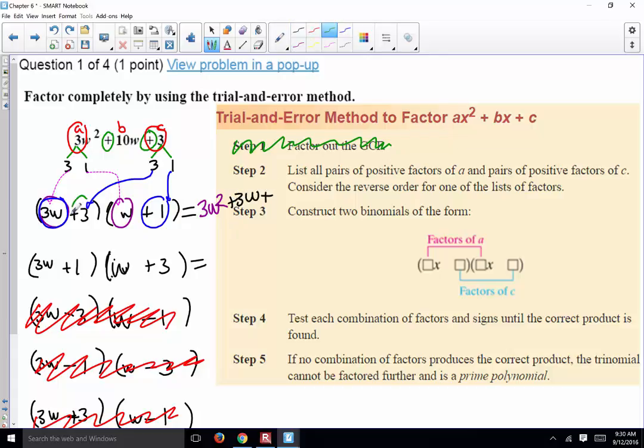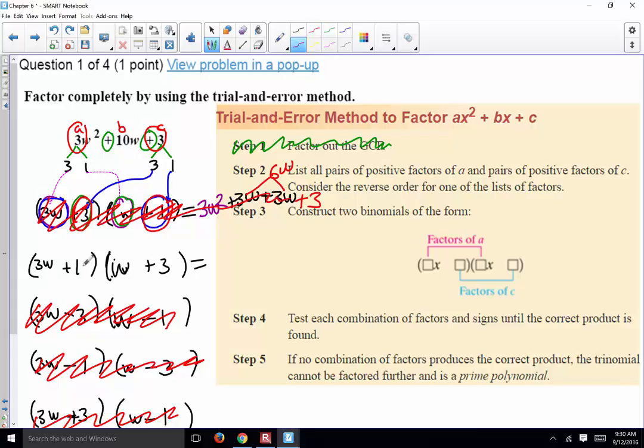Inside terms, in the center, 3 and w, make 3w. Last terms, the second terms in each parenthesis, 3 and 1, make 3. What does the sum of 3w and 3w make? It's 6w. Did we get this middle term? No. And this was false.